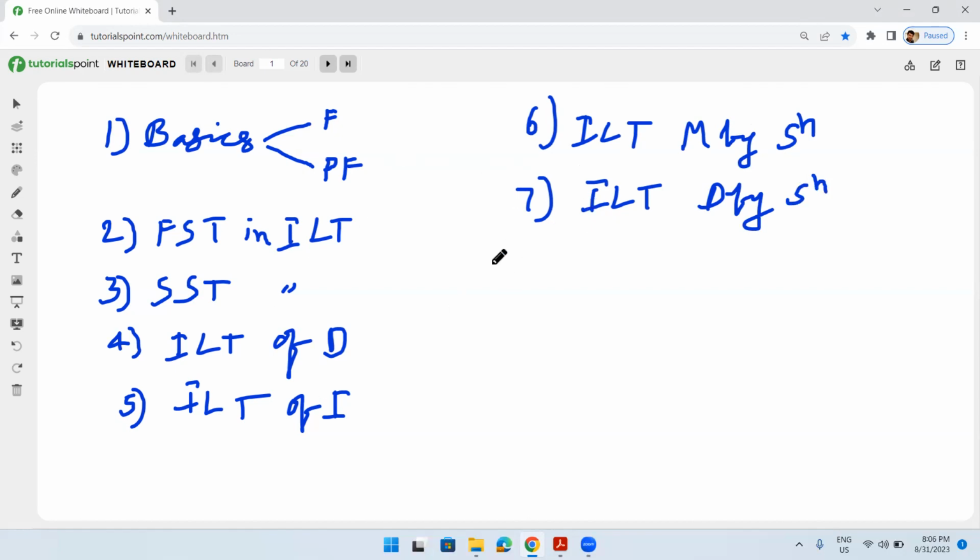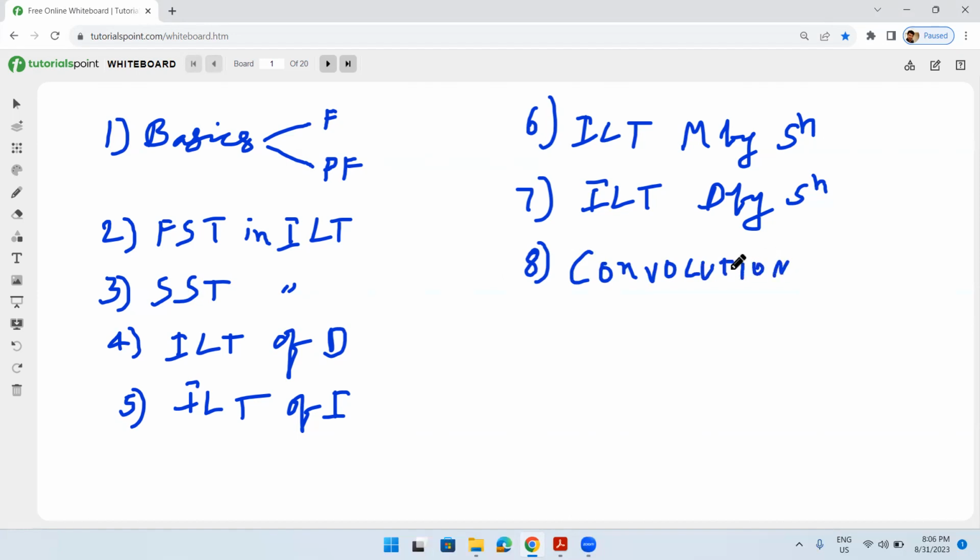So these are all common topics we have seen. There we have seen Laplace transform of derivatives, here inverse Laplace transform of derivatives. In Laplace transform we learned Laplace transform of integrations, here inverse Laplace transform of integrations. There we have seen Laplace transform multiplied by t power n, here inverse Laplace transform multiplied by s power n. There we learned Laplace transform divided by t power n, here we learn inverse Laplace transform divided by s power n. Like this. And the eighth topic, an extra one, is the convolution theorem. Okay.